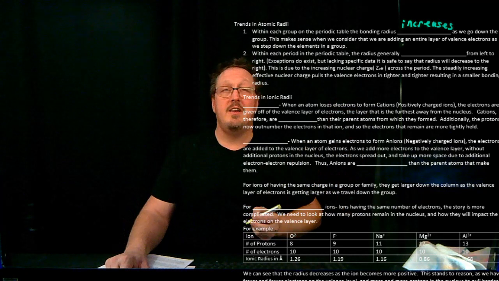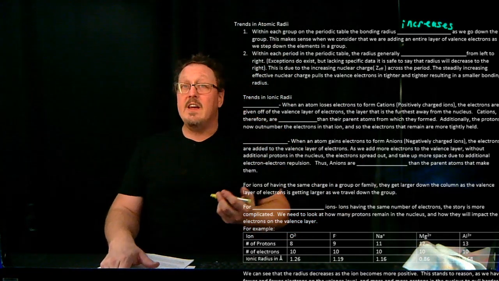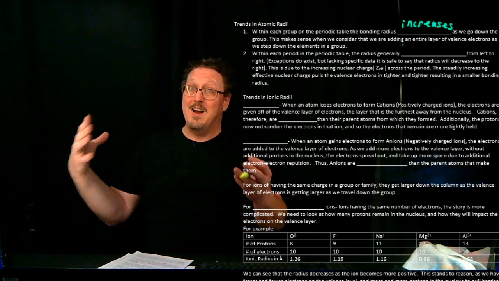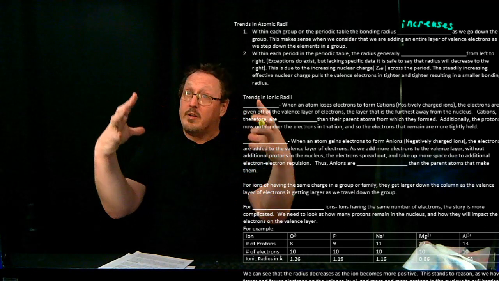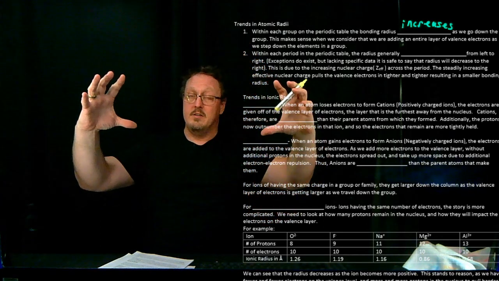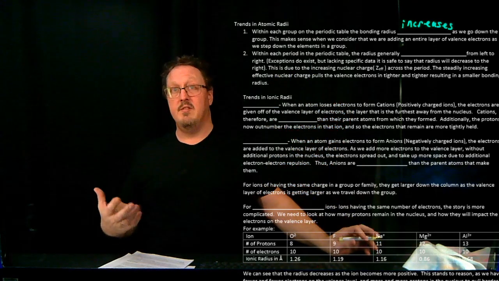So the bonding radius gets bigger as we go down a family in the periodic table. And that, like I said, makes a lot of sense because you're adding a bunch of protons, a bunch of electrons, a whole other layer. Every time I step down, I'm adding another layer. And remember, chemistry happens because of the valence electrons.